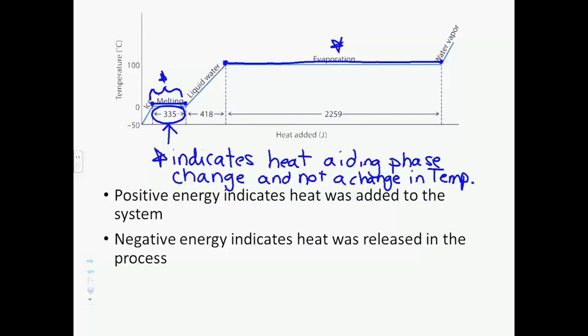A positive heat added, a positive number in joules, indicates that heat was added to the system. It makes sense. If you're adding heat, you should be melting or evaporating the sample. If you are removing heat, or if heat is being released in the process, it's a negative energy process. We have names for that.